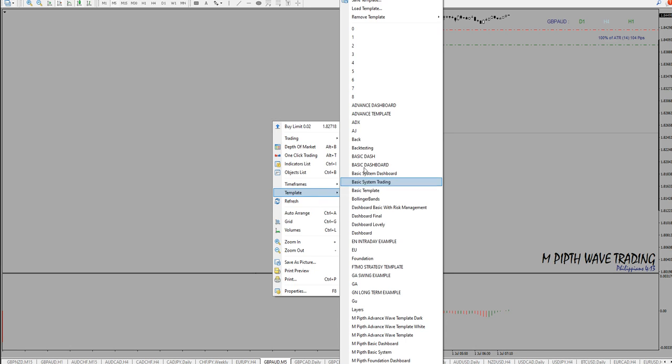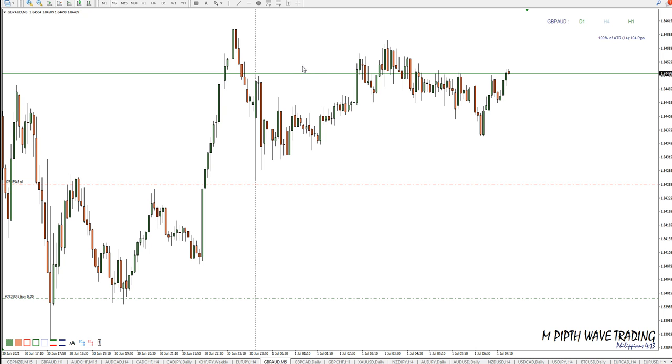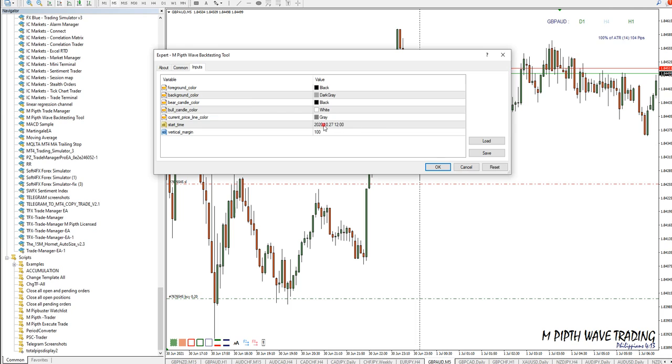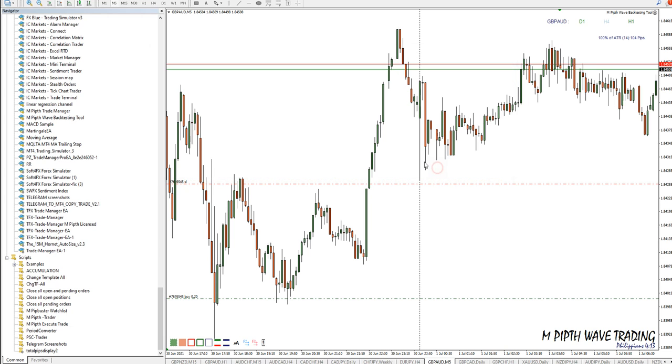We're gonna use this backtesting tool. Okay, babalikan natin yung 6:30 and then 16. Okay, so let's move on.